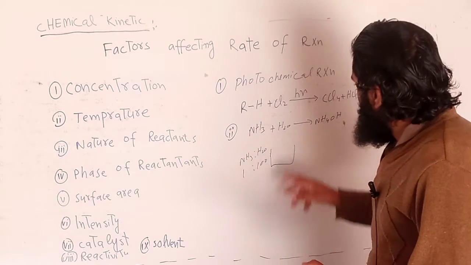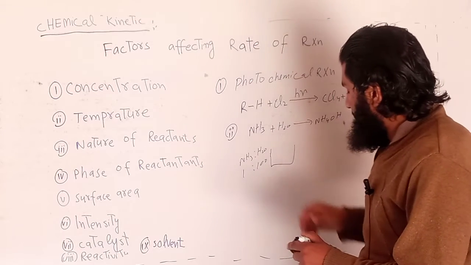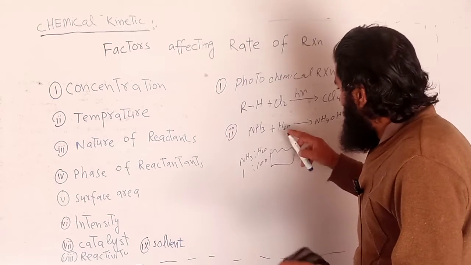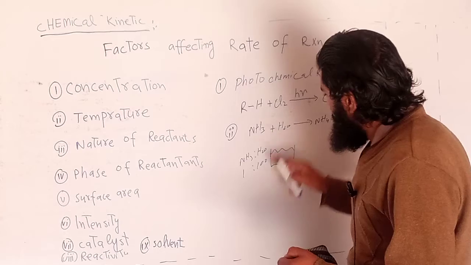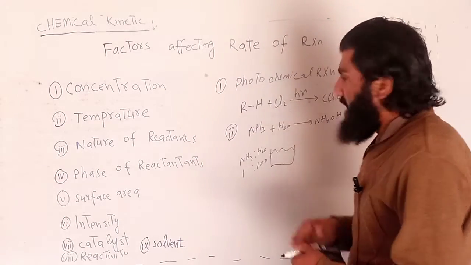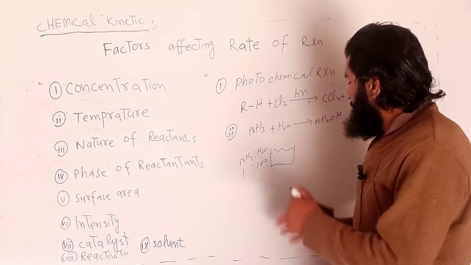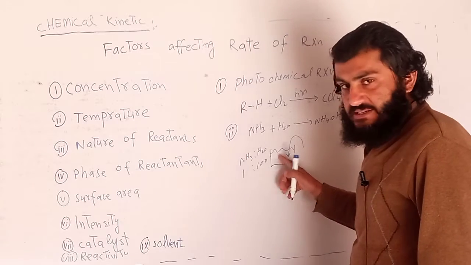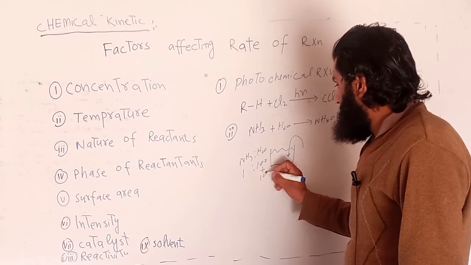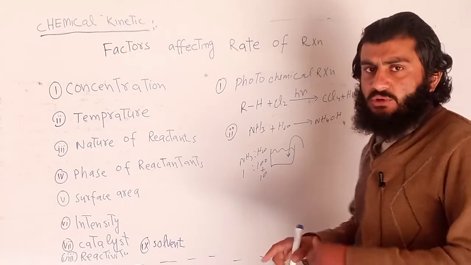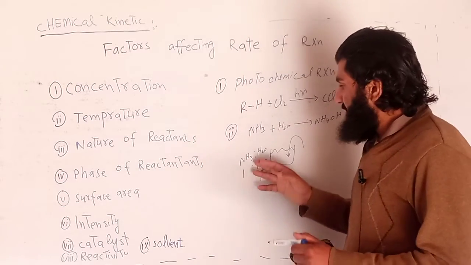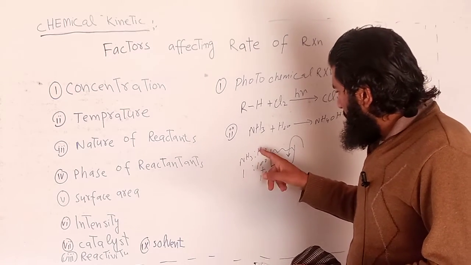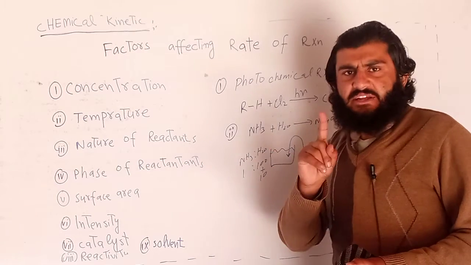It means 100 molecules or moles of H2O are available to react with 1 mole or 1 molecule of NH3, clear. So if we add more water, say 10 more moles or molecules are added further, the rate of reaction is not affected, clear, because only one molecule is enough for one NH3.